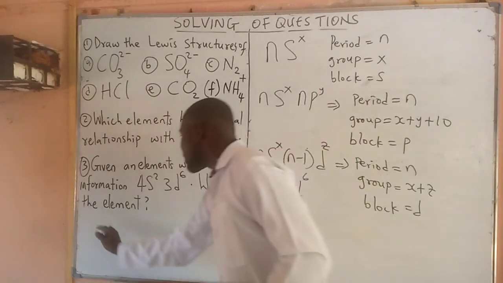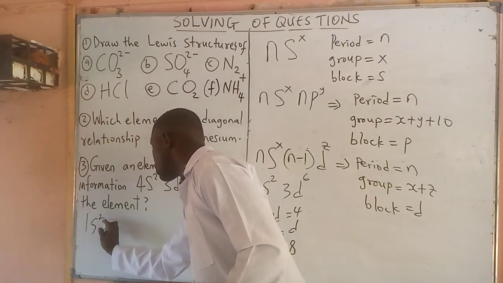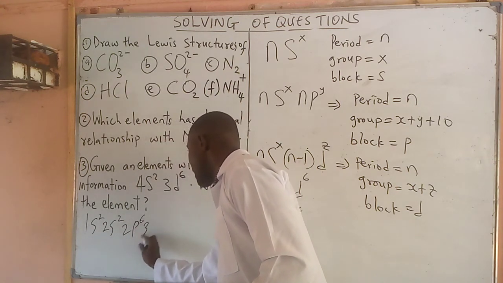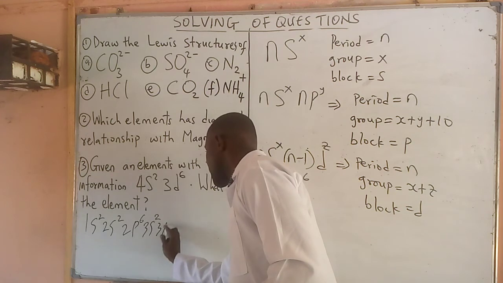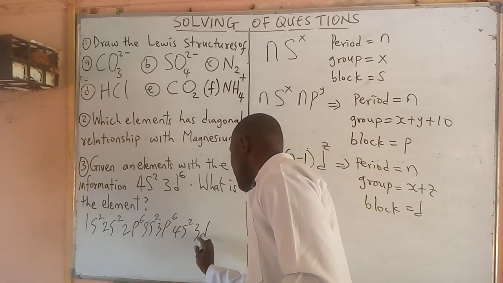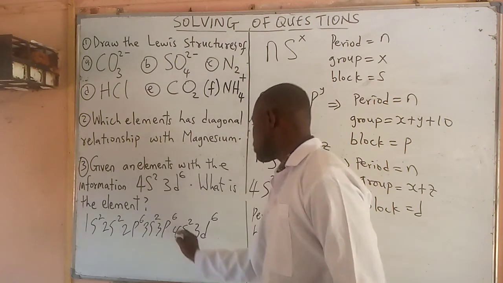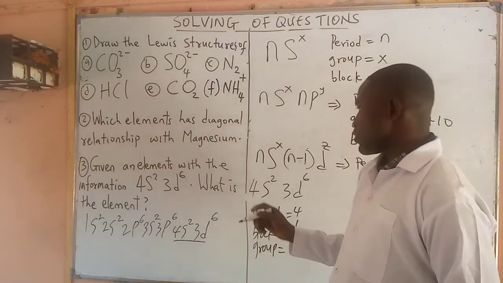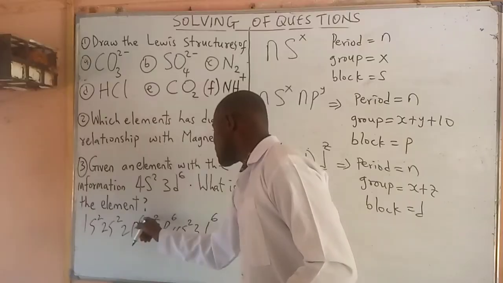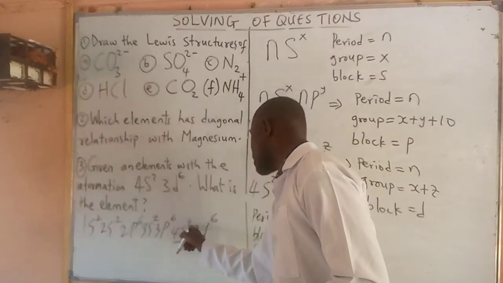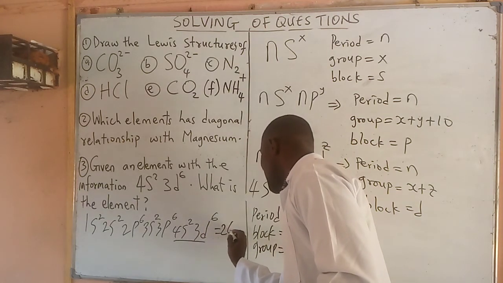What is the element? See how we got it. 1s2, 2s2, 2p6, 3s2, 3p6, 4s2, 3d6. Adding up: 2, 4, 10, 12, 18, 20, 26. We have 26 electrons.